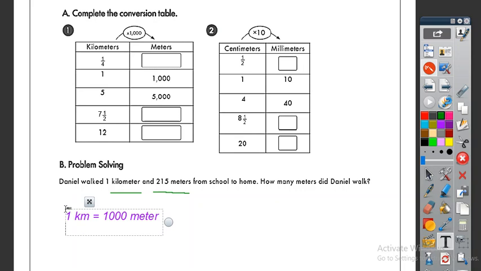So when you want to calculate all the distance that she walked, you will say 1,000 plus 215, which is this number. It will equal 1,215 meters. This is the distance that Danielle walked to home.